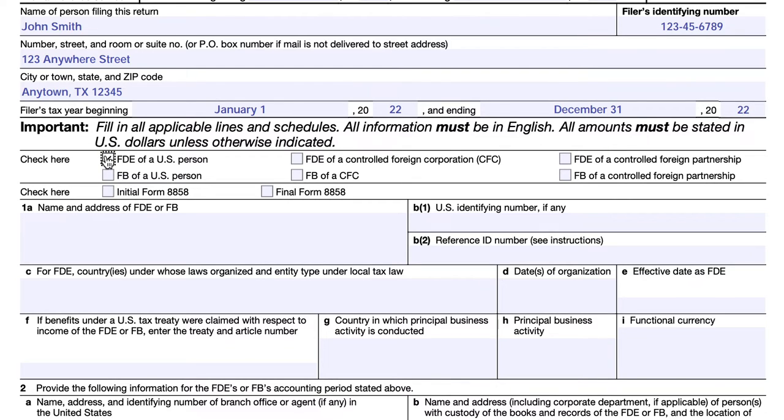Obviously, your situation dictates what it will be, but if you check on an FDE, then you must have an employer identification number to go with it. So that would be, say, ACME FDE.